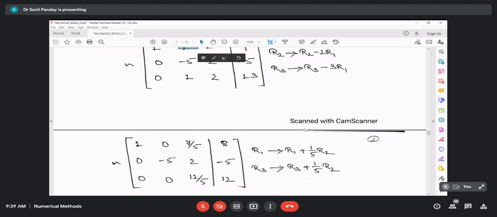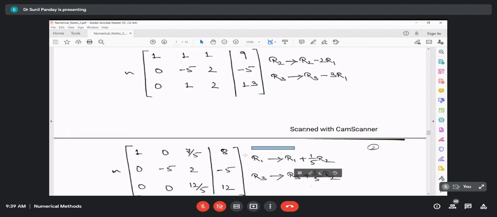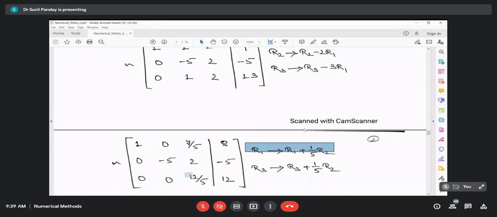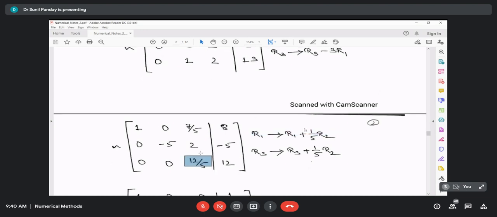Similarly, to produce 0 here, I have used R1 goes to R1 plus 1 by 5 R2. So this is 0 here. Now this is your A33 diagonal entry, and below this diagonal entry there is no equation, so no need to do anything, but above there are non-zero elements. To produce 0 above A33, because we have already produced these 2 zeros in the third row, I use this row.